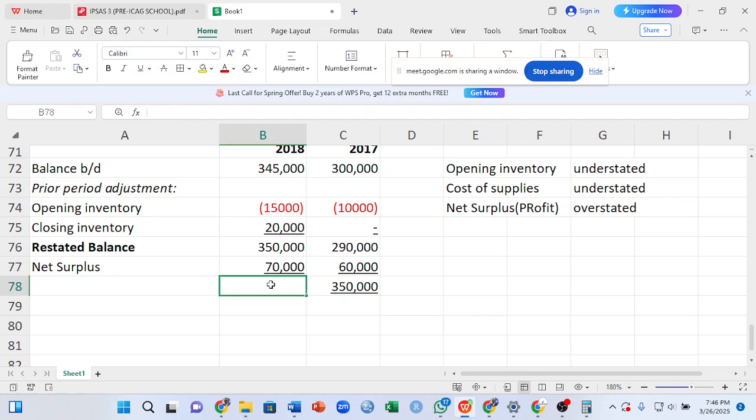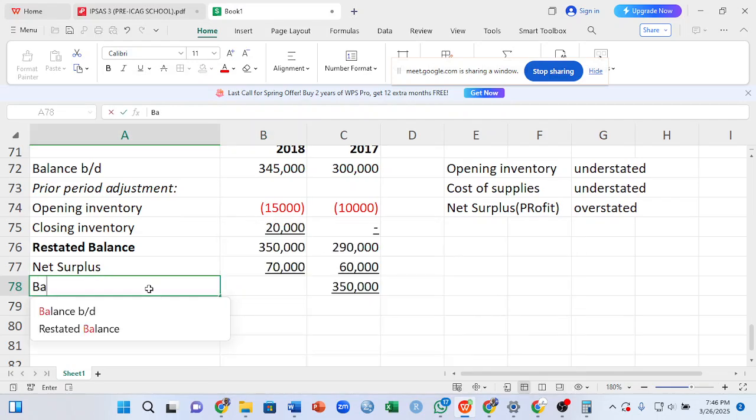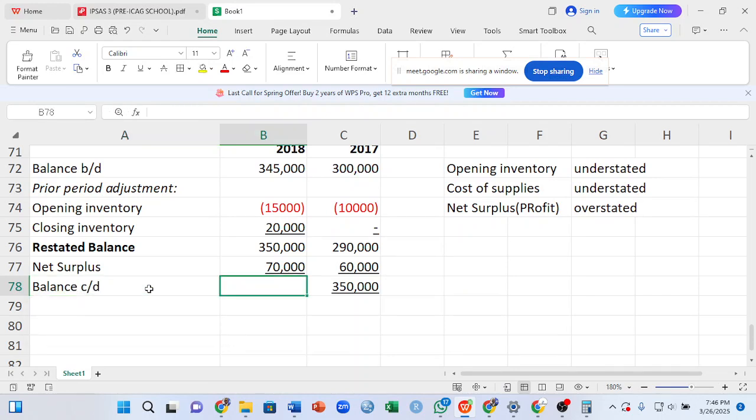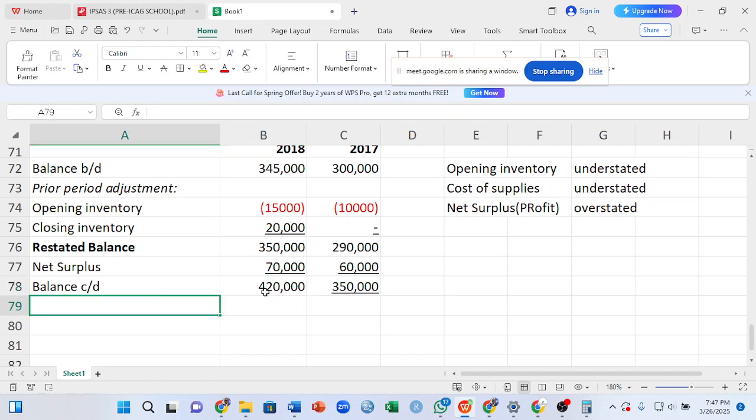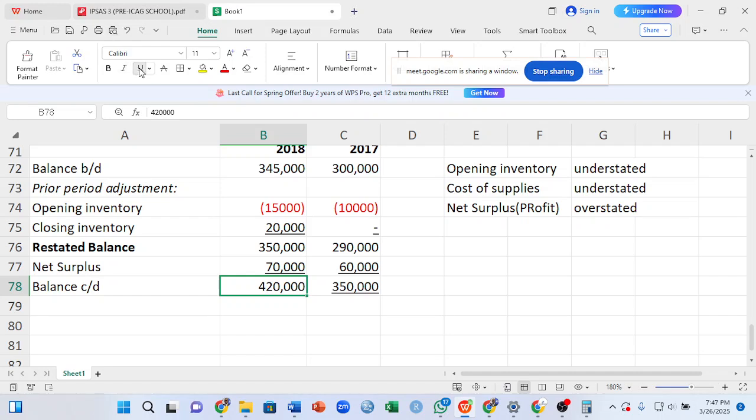When we add, what do we get as the closing balance, balance carried down? 420. Okay, so that is the end of this question.